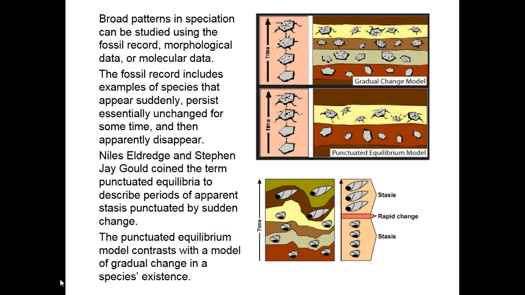The punctuated equilibrium model contrasts with the gradual change of species. And you do see that image with the punctuated, where you have some sort of species and then a rapid change and then turning into a different species. We'll pick this up on the next one.